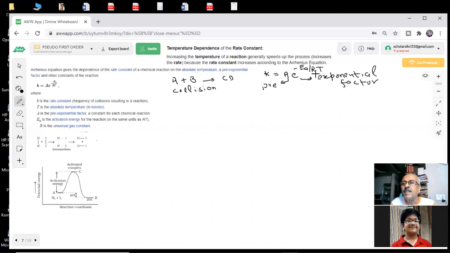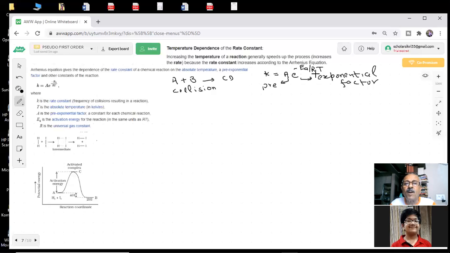The rate constant is determined by a factor A, which is what we call the frequency of the collisions, a constant. And there is an activation energy factor which is e to the power minus EA by RT. We are trying to say that the particles should not only collide, but they must collide with an energy greater than or equal to activation energy.